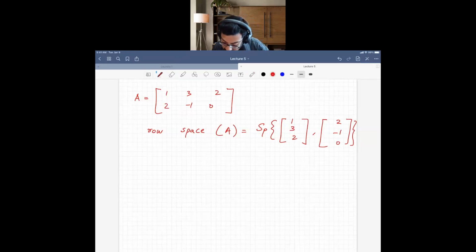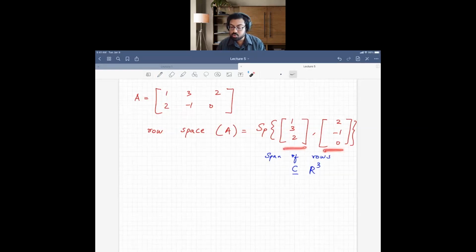We can write this as span of rows. And this is going to be a subset of R cubed. So any linear combination of these two vectors is going to be in the row space of A, right? That's how we define span. And for that, you're going to get something in R cubed. It's going to be a subset of R cubed. Similarly, how about the range?